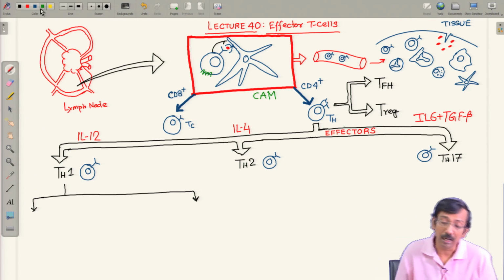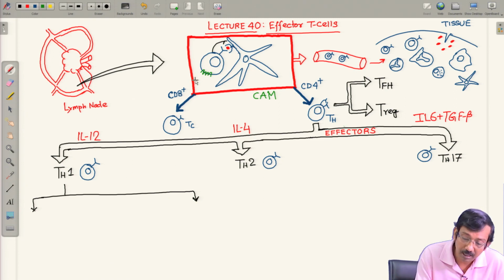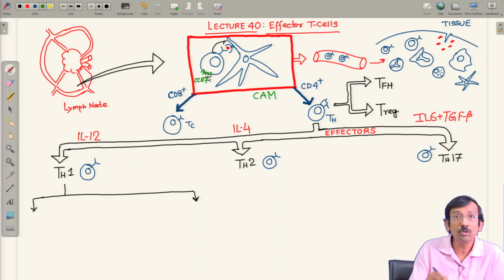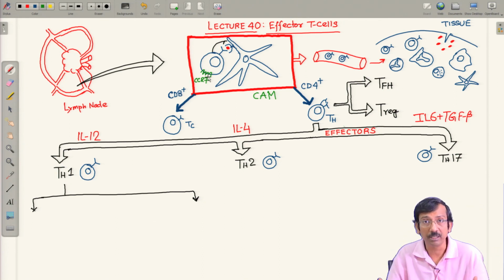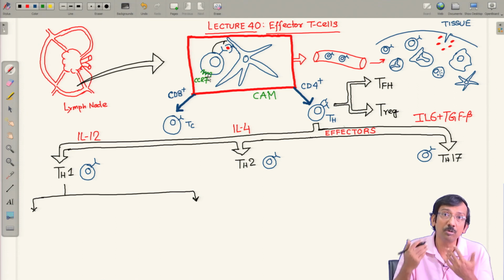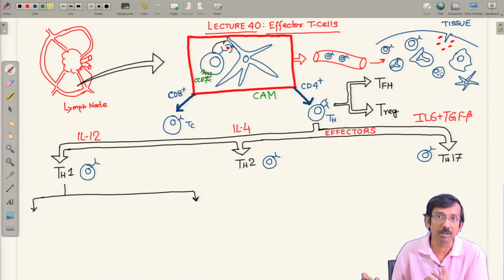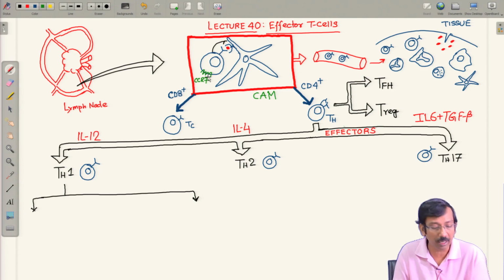For example, a naive T cell usually expresses CCR7 on its surface. As soon as this naive T cell starts to differentiate into different types of effector T cells, its expression of CCR7 goes down, and then they start to express other chemokine receptors, and different T helper cells express different chemokine receptors.